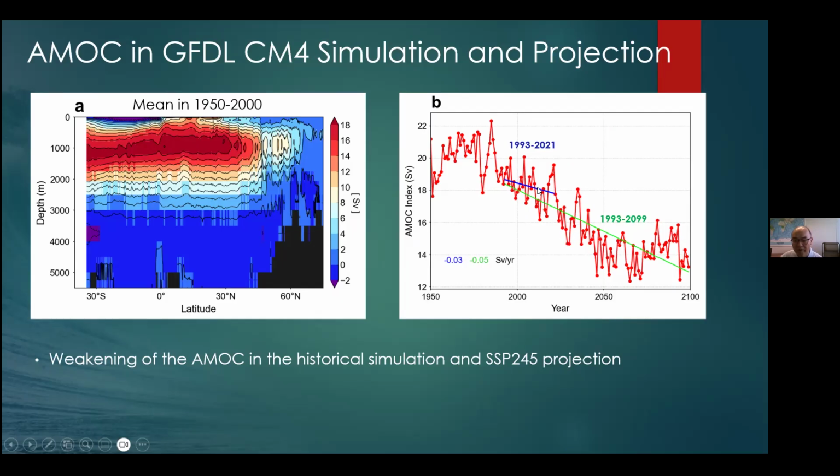The blue curve here is the linear trend for 1993 to 2021, and the green line here is the centennial trend from 1993 to 2099. So overall, the AMOC weakens over the 21st century. So this is the data model comparison.